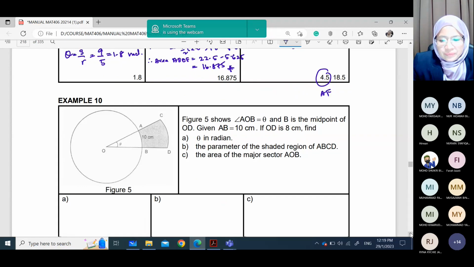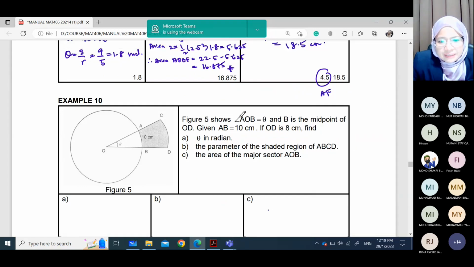So yang ni boleh buat sendiri tak? Cuma dia lebih kurang je. Cuma dia punya info tu macam ni dia bagi midpoint. Figure 5 shows the angle AOB and B is the midpoint of OD. Midpoint. So bila midpoint dia adalah titik tengah kan. So bila dia berada tengah, jadi di sebelah kiri dan kanan dia punya jarak adalah sama.